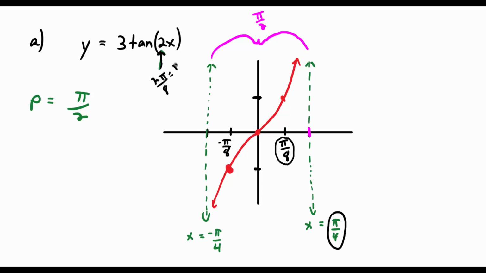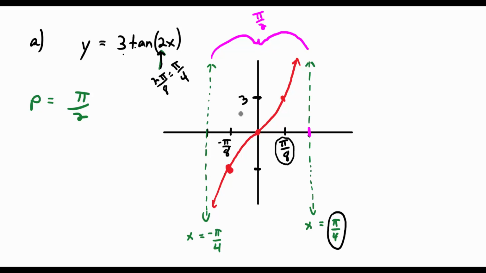Pi over 4. And that's the number that makes the tangent 1 when you plug it in. So whatever this value turns out to be, in this case pi over 8, every single time you plug it into a function of the form a tangent bx, that's the value that's going to make the tangent 1, and then the actual height value will be 1 times whatever this value is out front. So it's at a height of 3.